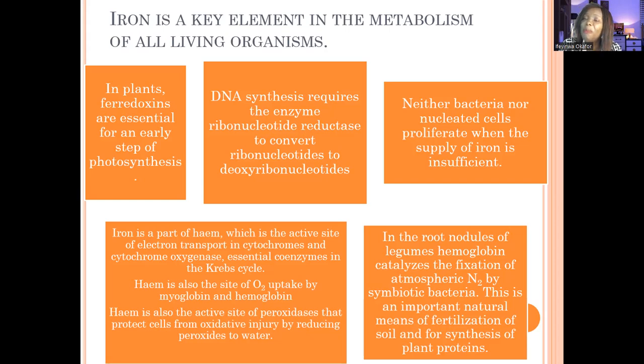The important part where iron and oxygen are incorporated is the heme part, which is made up of a protoporphyrin ring and iron. Heme is the site of oxygen uptake in hemoglobin and myoglobin.